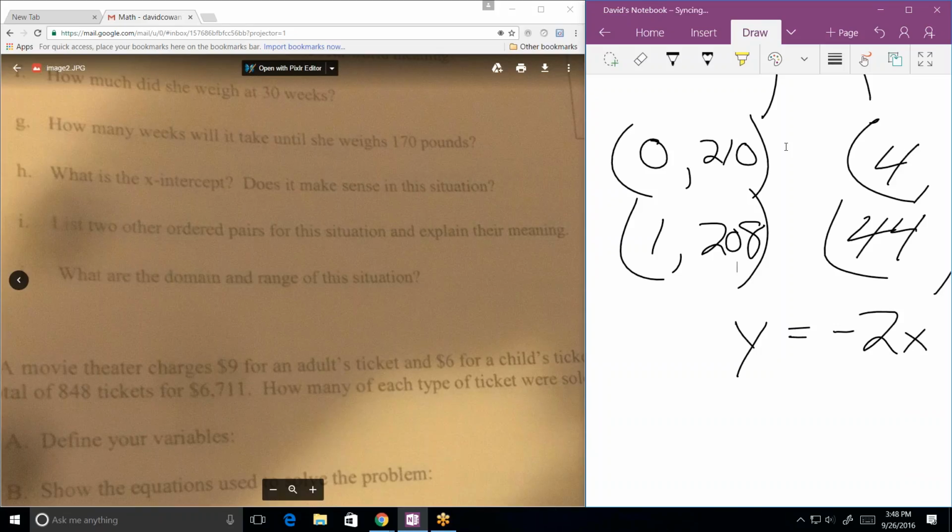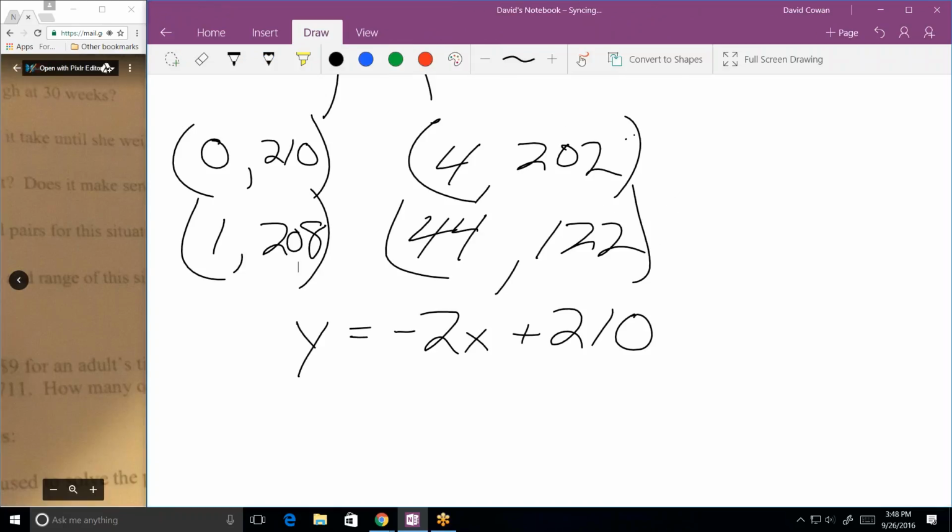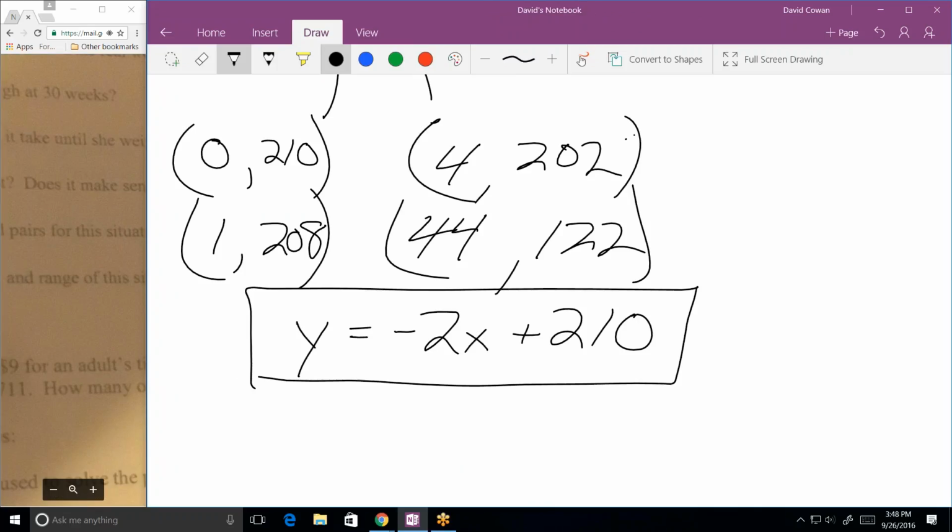And finally, what are the domain and range of this situation? Not function, notice. Situation. In other words, here's the function. What's the effective domain? If we just look at that as a function, the domain is all real numbers, right? But in this situation, x clearly can't be negative, right?